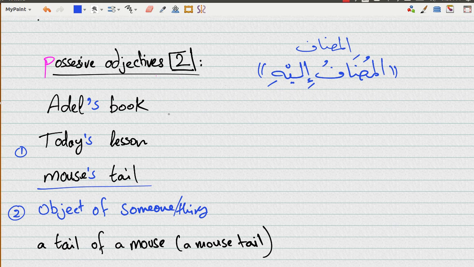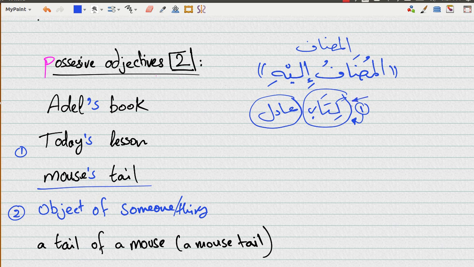So if you're going to say Adil's book, you say in Arabic kitabu Adil. So first in Arabic we mention the possession, and then we mention who this possession is for. So this is mudaf and this is called al-mudafu ilayhi.